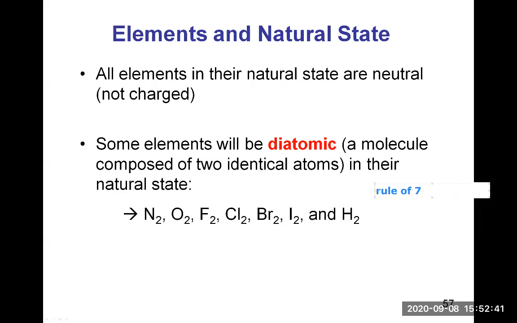So that means you have nitrogen, oxygen, fluorine. You go down in group 7A from fluorine: chlorine, bromine, to iodine, and that's 6 elements there. And the 7th is hydrogen. So this is a way to remember which molecules are diatomic in their elemental state.